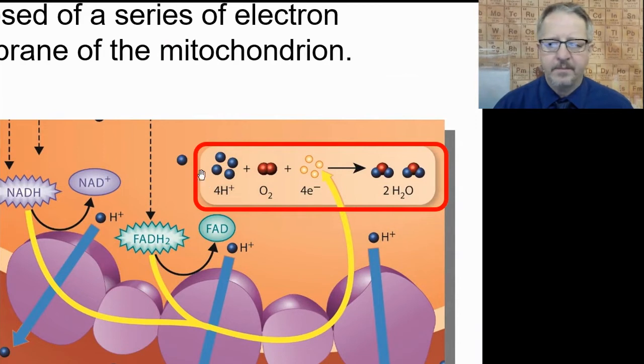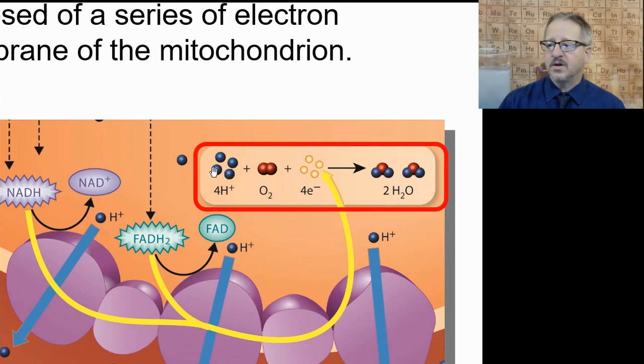We've got 4 of them here. Then we've got a molecule of oxygen, so there's 2 oxygen atoms there. Then we have some electrons, thanks to the NADH and FADH2. Also, the hydrogens are thanks to the NADH and FADH2 as well. And the result of that is this recombines into 2 molecules of water.